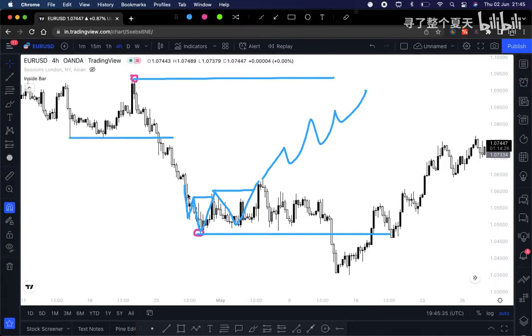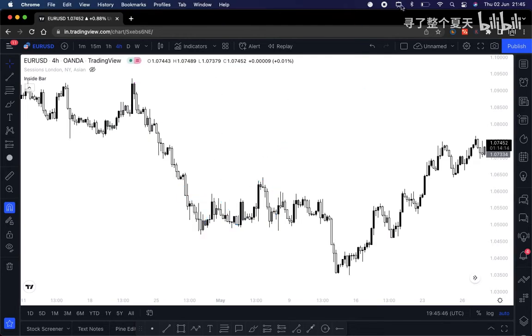The swing structure is creating lower lows and lower highs. And this internal shift that occurred around this area here is just to initiate the pullback before another continuation to the downside.